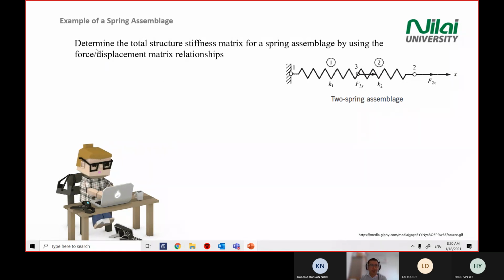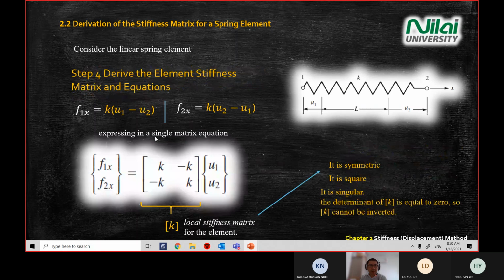All right. Now the question asks us to determine the total structure stiffness matrix for a spring assembly by using the force displacement matrix relationship, which is this equation, F equal to KD, expanded to F equal to KU in this case.